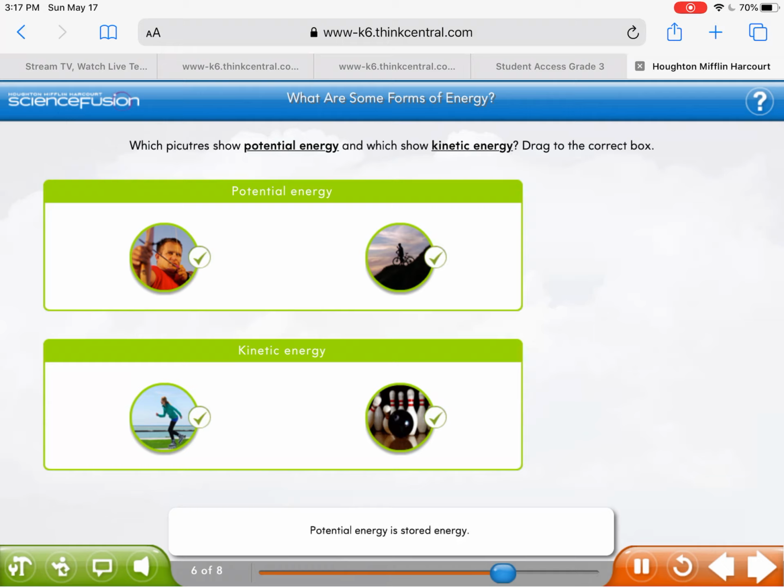So that's kinetic. Potential energy is stored energy. When the bike is standing still on the hill, or the bowstring is pulled back, they have potential energy. The bowling ball and the inline skates are in motion, so they have kinetic energy.